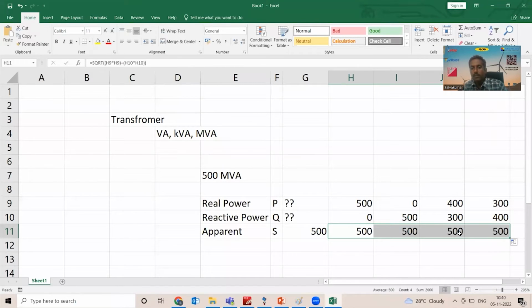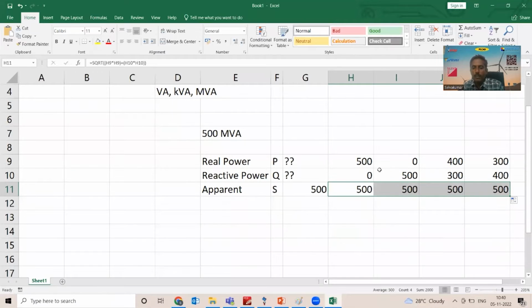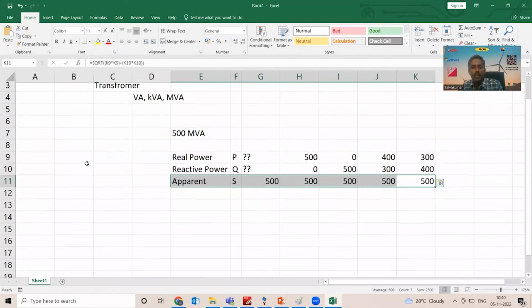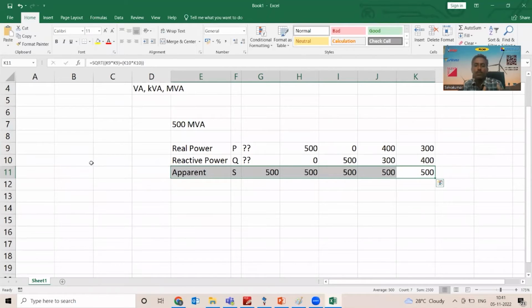In all the cases, whether it is 500 megawatt 0 MVAr, or 0 megawatt 500 MVAr, or 400 megawatt 300 MVAr, or 300 megawatt 400 MVAr, the apparent power remains the same, and you do not have a constraint on the transformer handling this power.